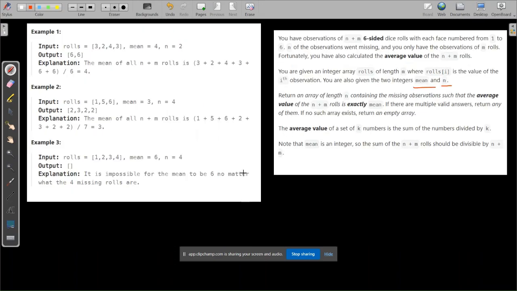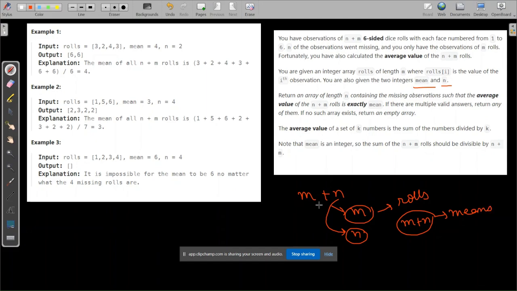So what the question says is, I have m plus n dice, and each of the dice has an observation with a number from 1 to 6. The observations of m dice I know, and they are stored in the array rolls, and I have lost the observations of these n dice. But the mean of the m plus n dice is known.